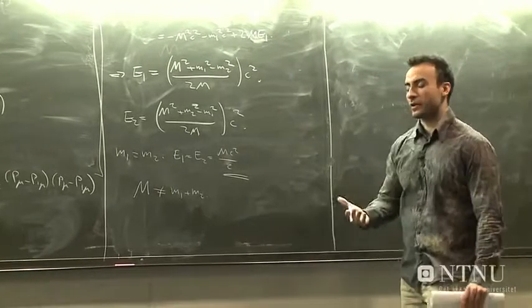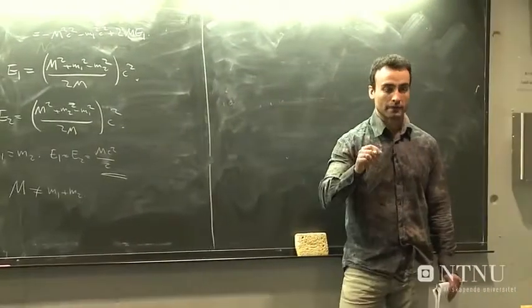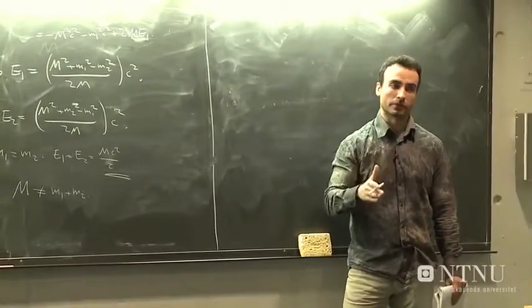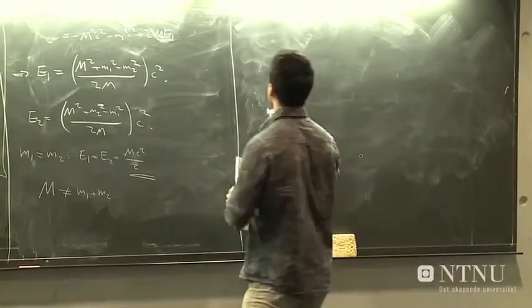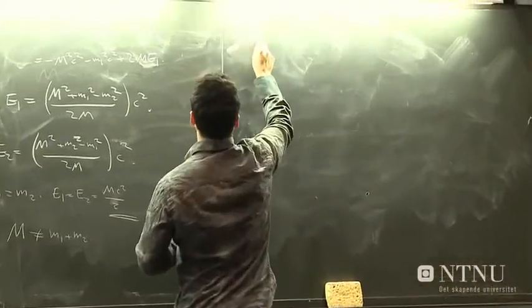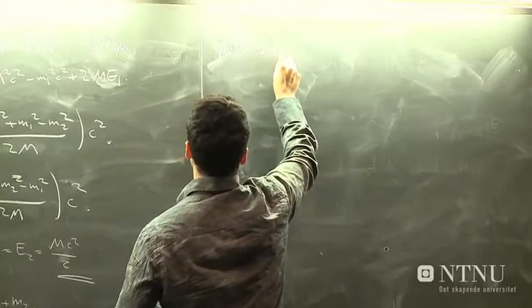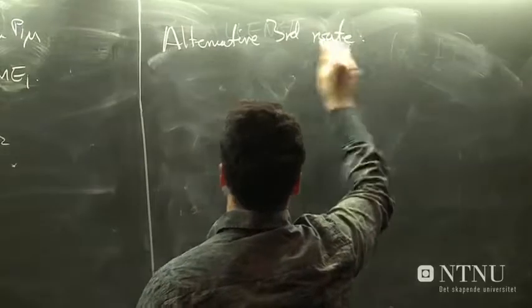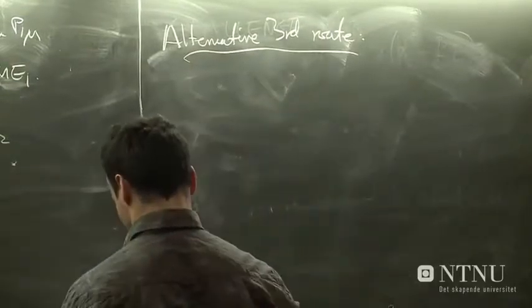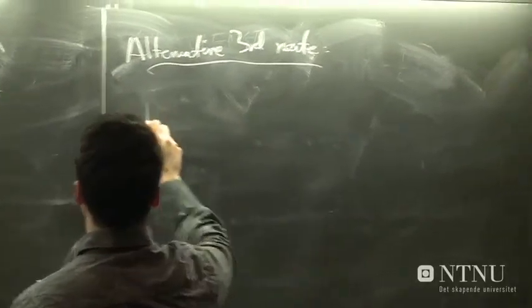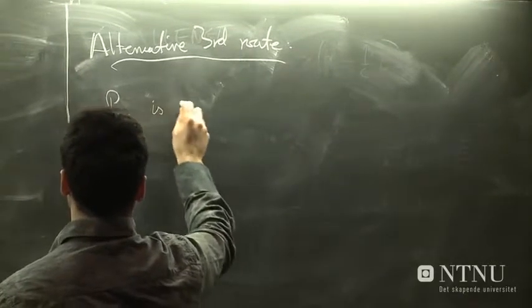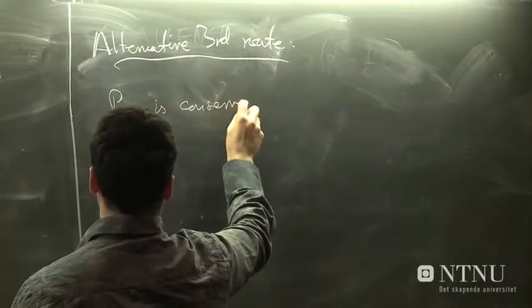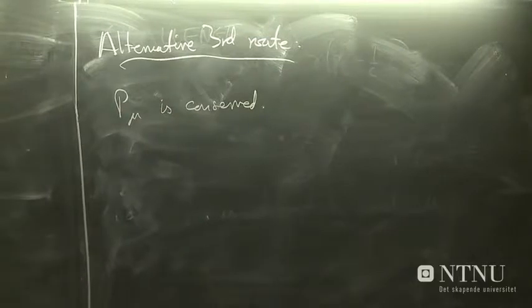So what we could have done then is just write down the equations for the conservation of the four-momentum vector. So in that case, we would have just considered the conservation of P mu.